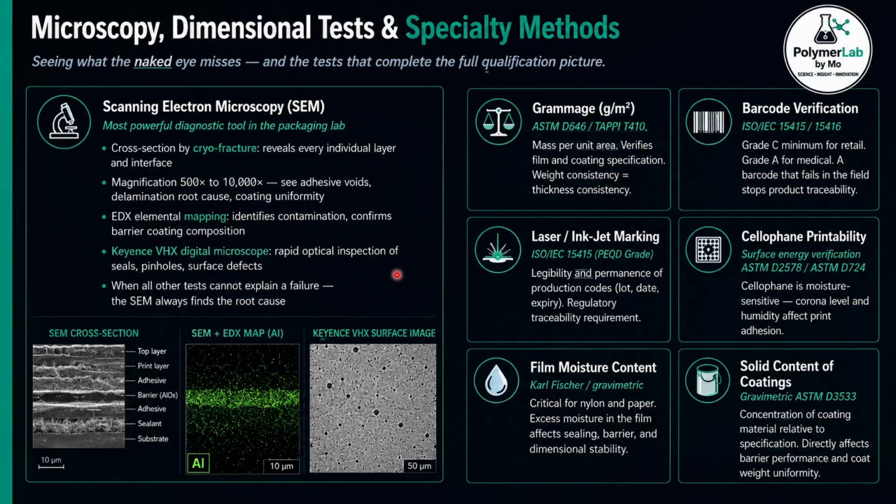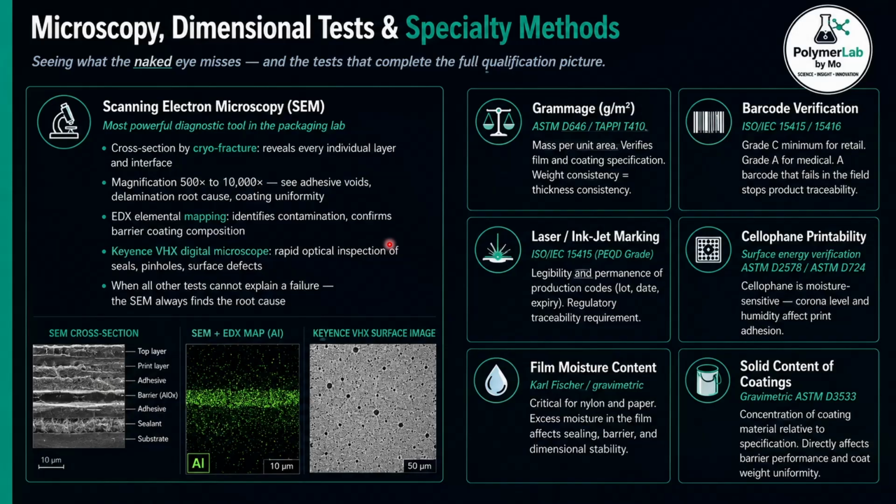We prepare the cross section by cryofracturing the sample in liquid nitrogen. The cold fracture gives you a clean break that doesn't deform the layer boundaries. Under the electron beam at 500 to 5,000 times magnification, you can count every layer, measure each one's thickness, and see the quality of every interface.